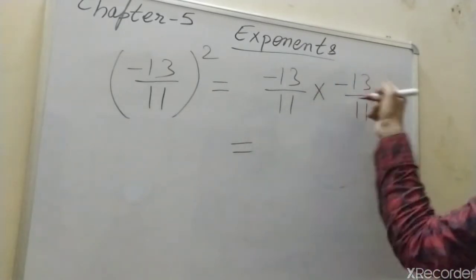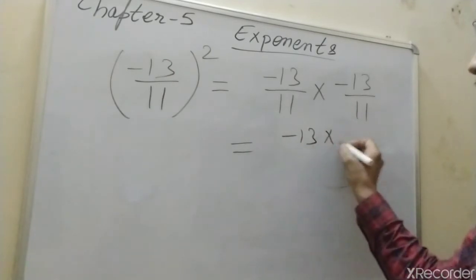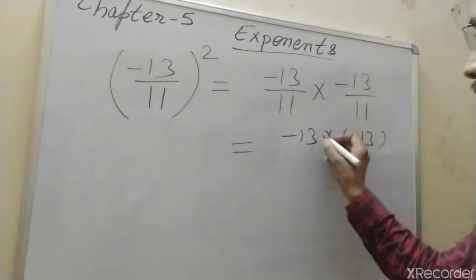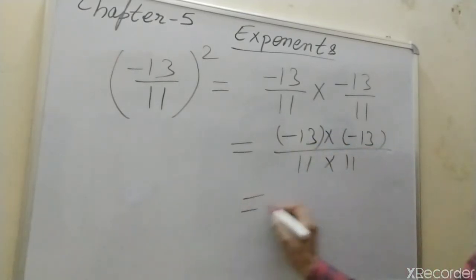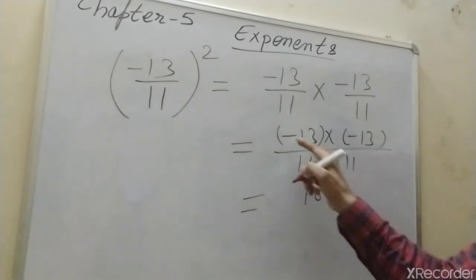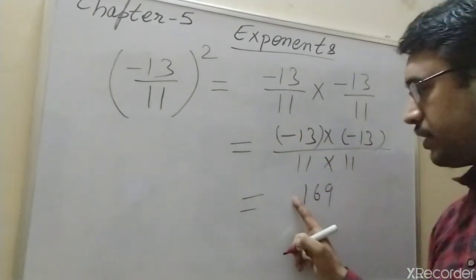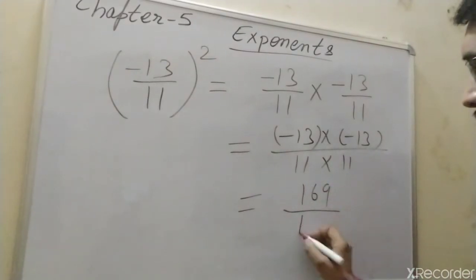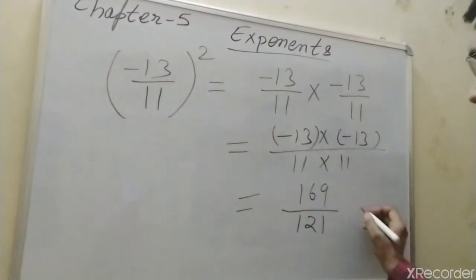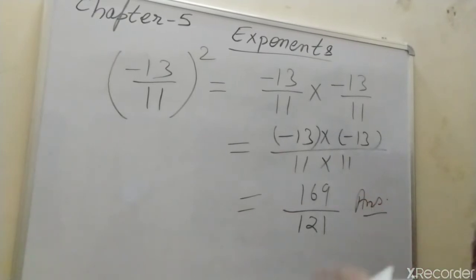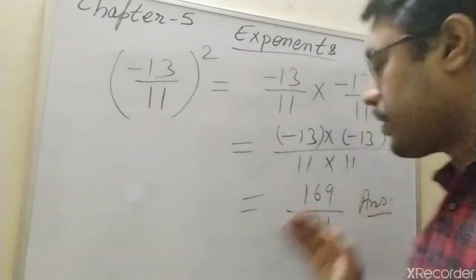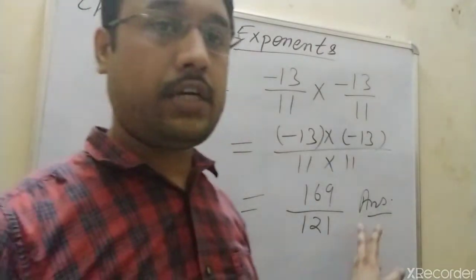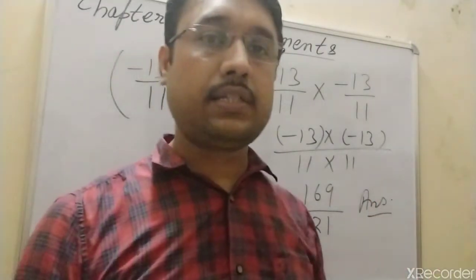So numerators will multiply here, minus 13 into minus 13, and outside 11 into 11. So you will get 169. Here minus into minus, sign multiply, plus it is, and 11 into 11, 121. So this is the answer here. Following this process you can convert any exponential form number into a rational number. Here 169 by 121 is a rational number.